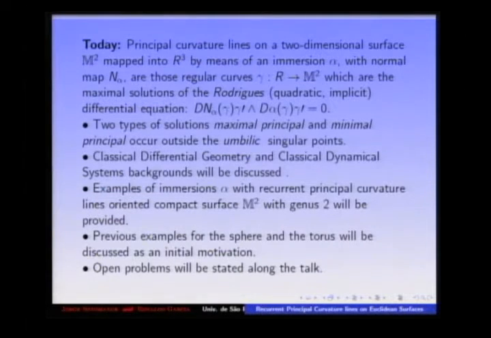So let me begin by writing this equation in another form, so that we get closer to classical differential geometry. So what are we talking about? I will go backwards in the timeline. We have a surface, a manifold.